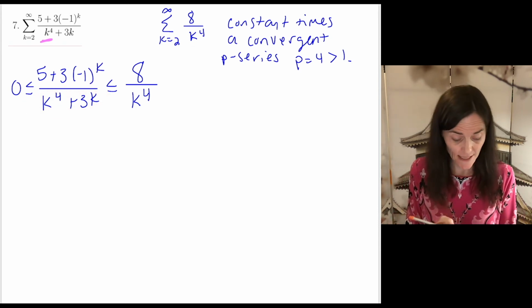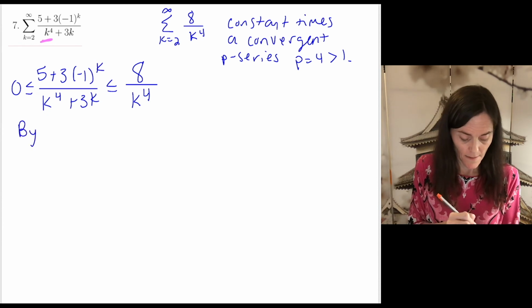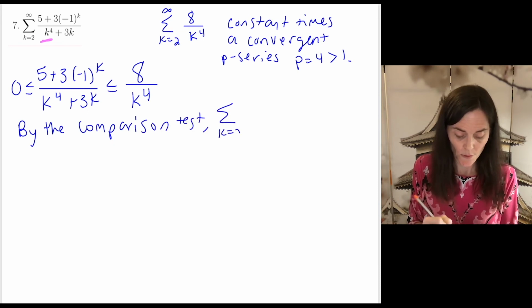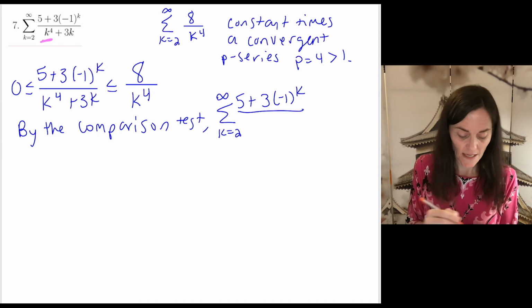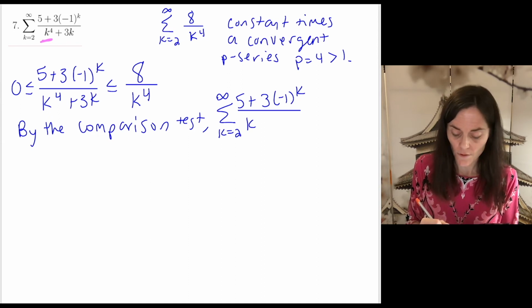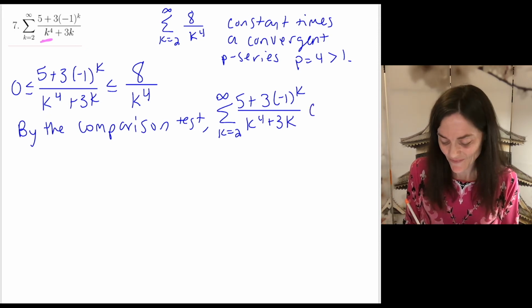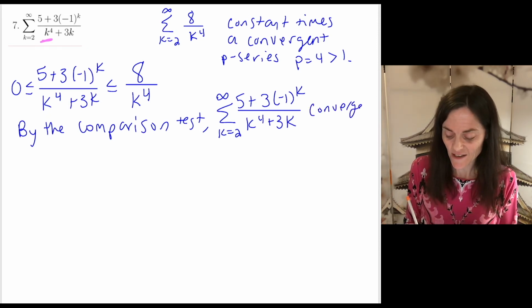By the comparison test, we get this series, k equals 2 to infinity of 5 plus 3 times minus 1 to the k over k to the 4th plus 3k, converges. This series converges.